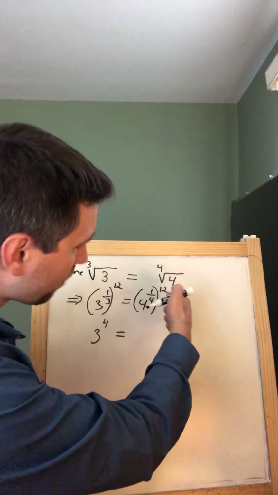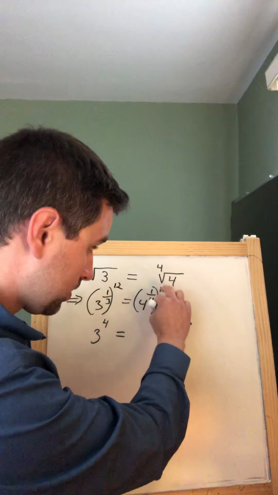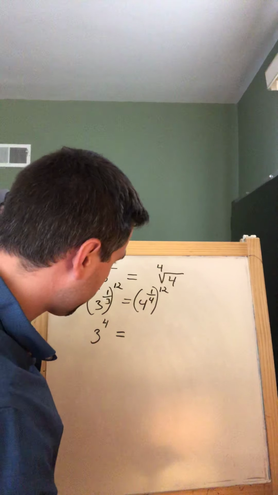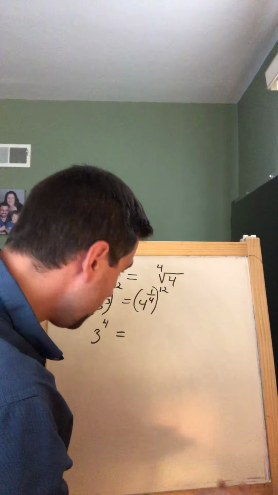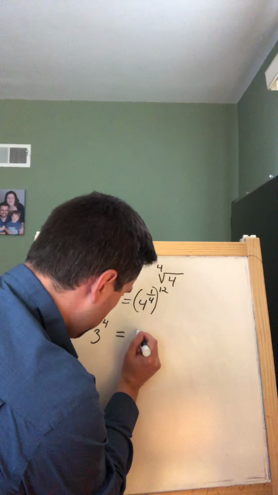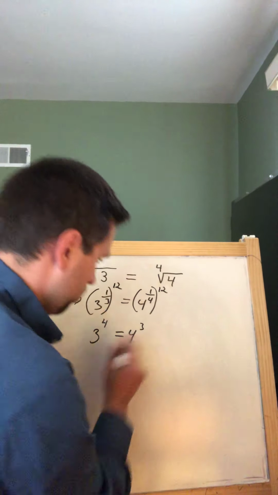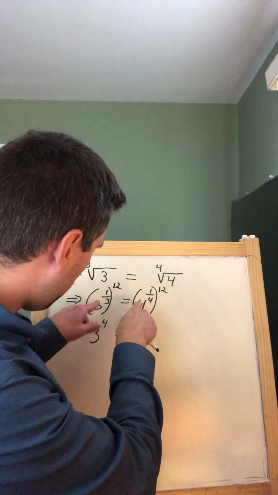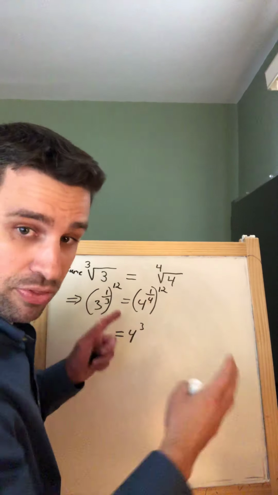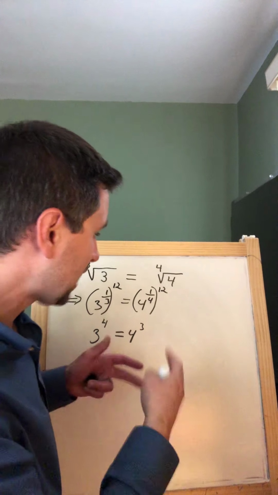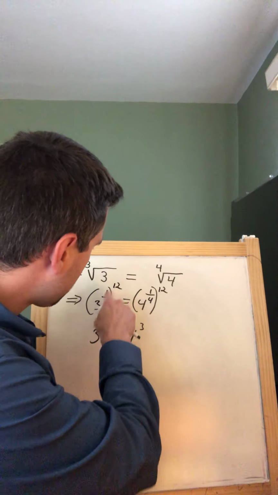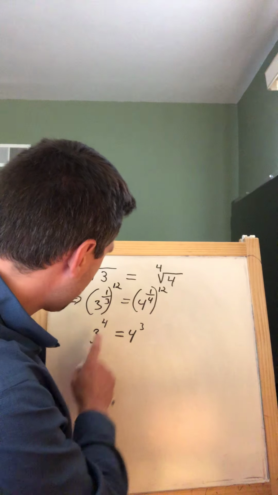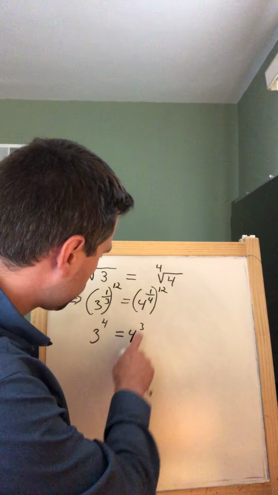Again, power to a power: 1/4 times 12 is 12/4, which is 3. So I have 4 to the 3rd power. If these things are equal, I can do whatever I want to both sides of the equation. In this case, I'm raising both sides to the 12th power. So I have 3 to the 4th is equal to 4 to the 3rd.